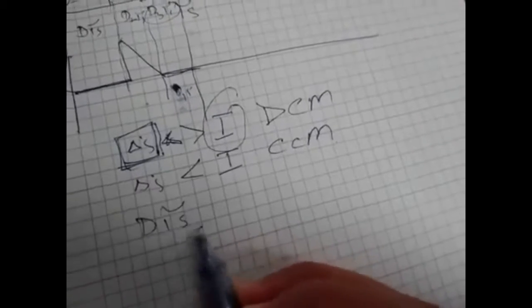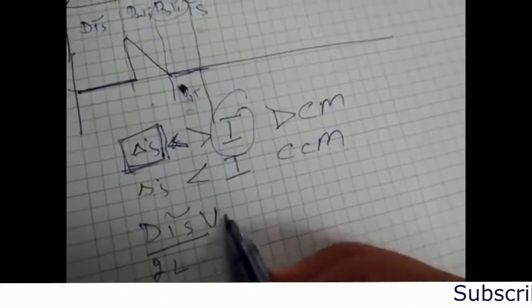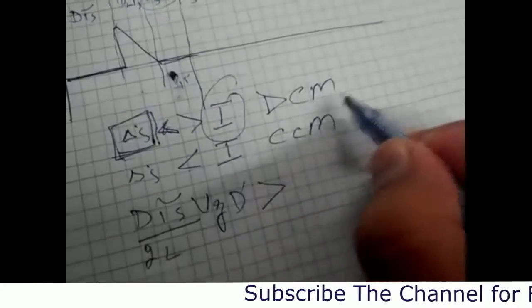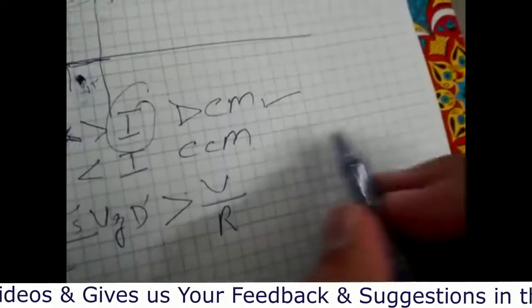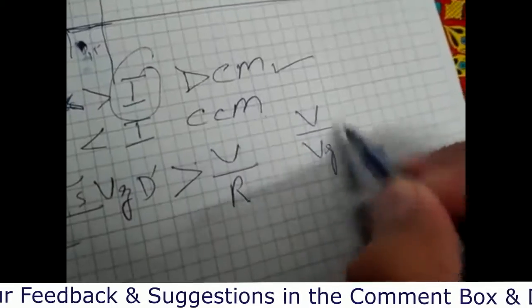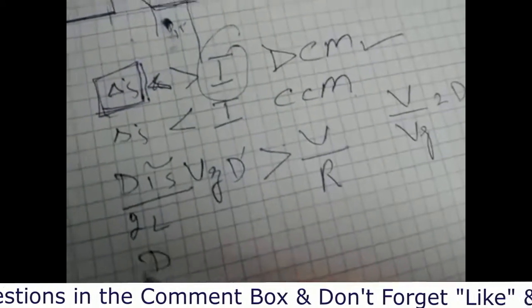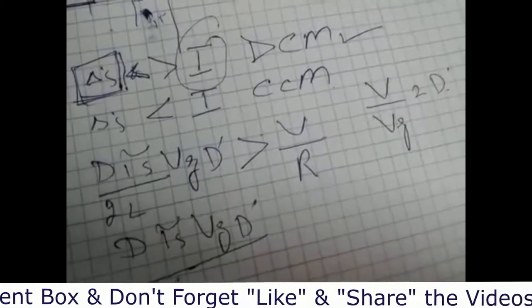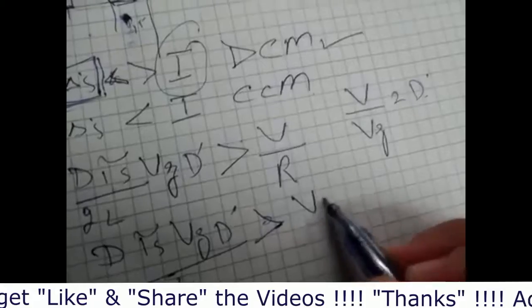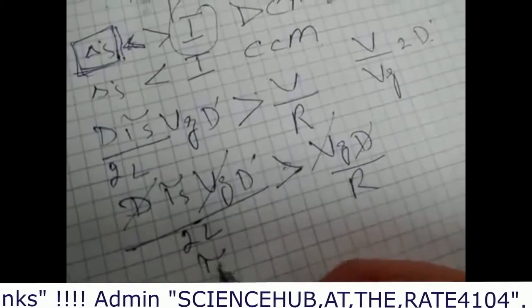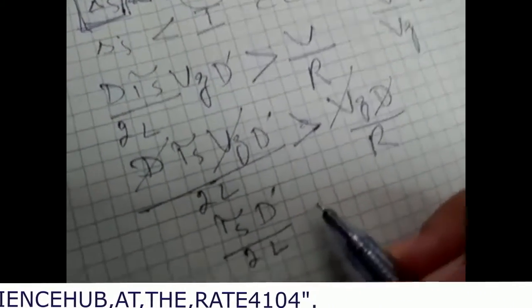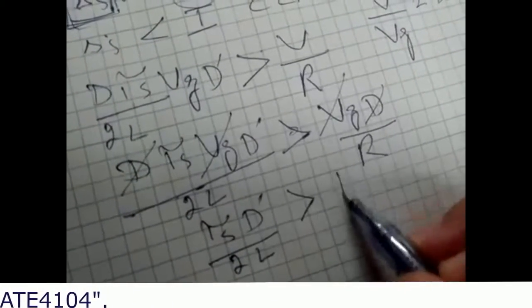Just putting it here, we get Ts D dash divided by 2L times Vg greater than, let's do it for that current, which is equal to V by R. Putting that value here, and we know that in a buck converter V by Vg becomes equal to D, so we get Vg D divided by R. So Vg cancels out with this, D cancels with this, and we get Ts D dash divided by 2L greater than 1 by R.